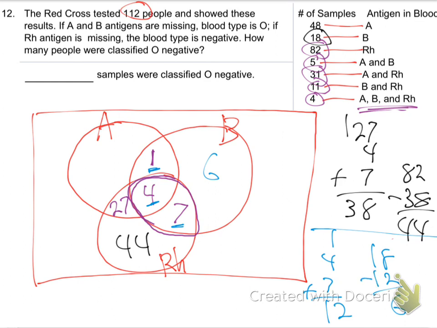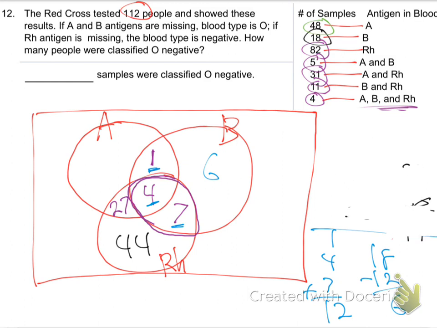And finally, the A circle. 48 in the A circle. We'll add up what we've got there: 27, 4, and 1. 32, and they're telling me there's 48. So subtract, what's that, 16? 16 there.